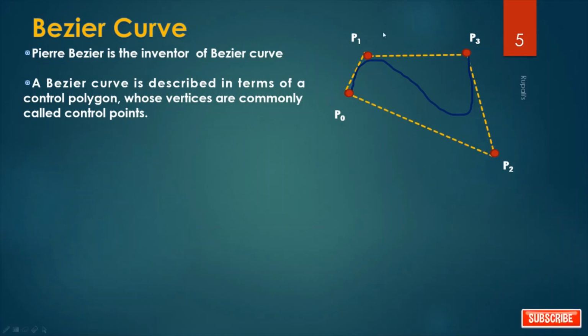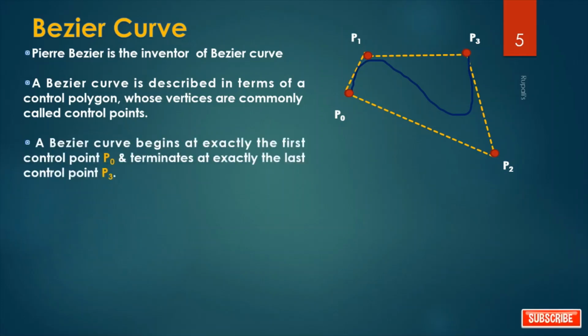The vertices are called control points P0, P1, P2 and P3. Now, a Bezier curve begins at exactly the first control point and terminates at exactly the last control point, P3.